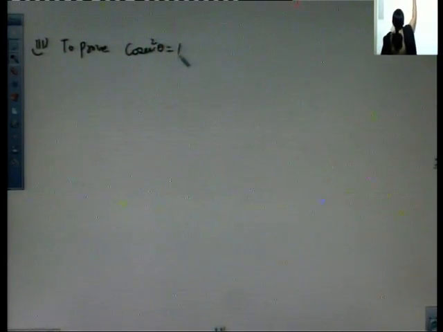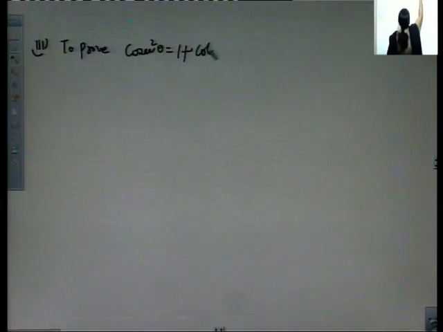Now, the last relation we have to prove. To prove the third relation, to prove cosecant square theta is equal to 1 plus cot square theta.